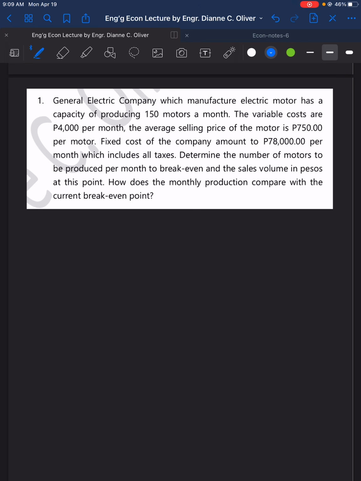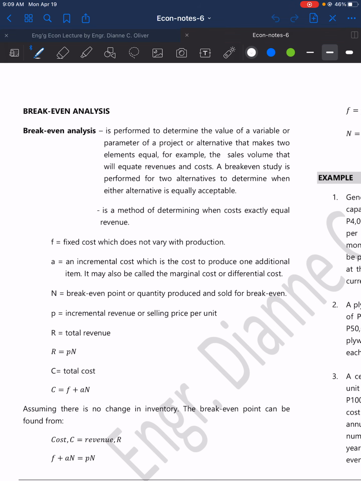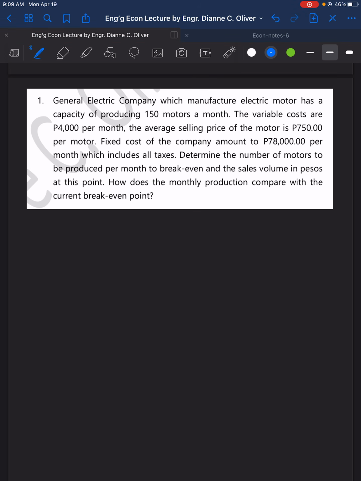Okay, so having all these given, let's apply the definition of break-even analysis, wherein it is when the cost equals the revenue. So let's have this cost equals revenue here. So cost equals the revenue.